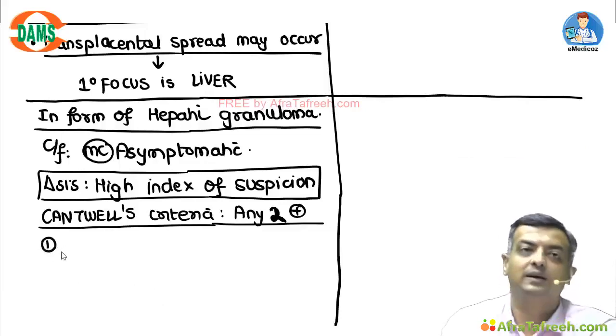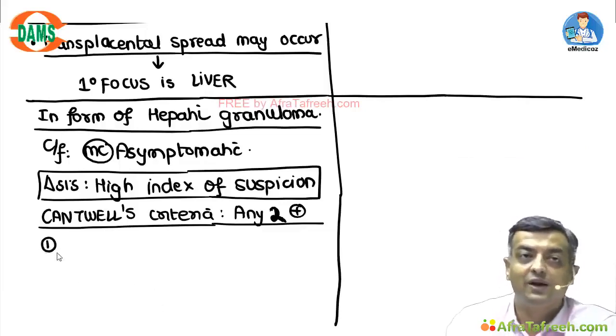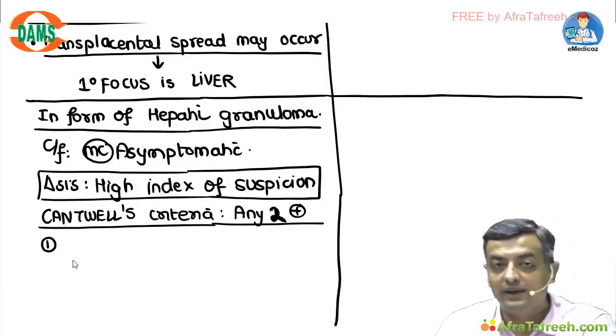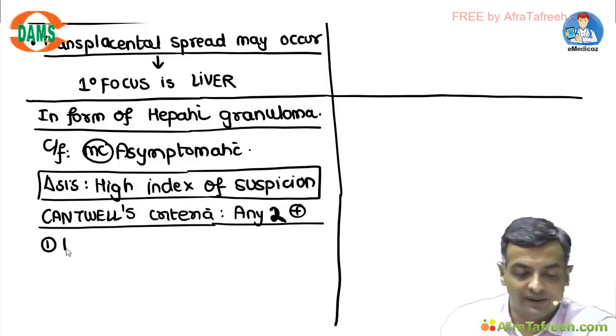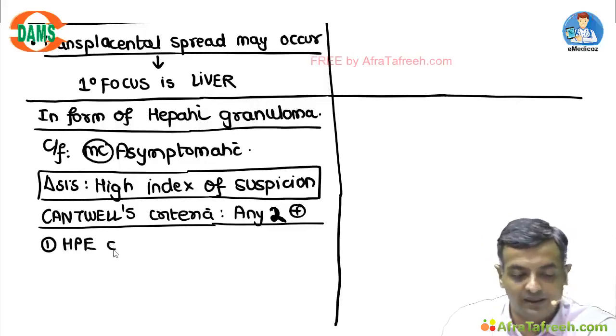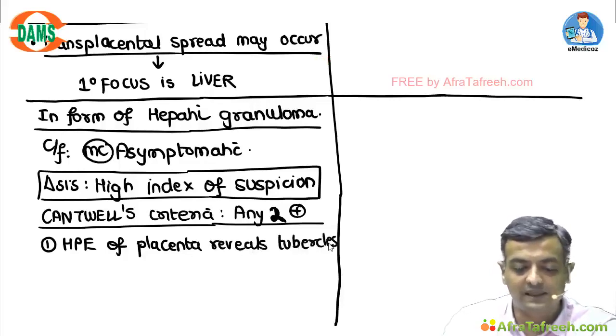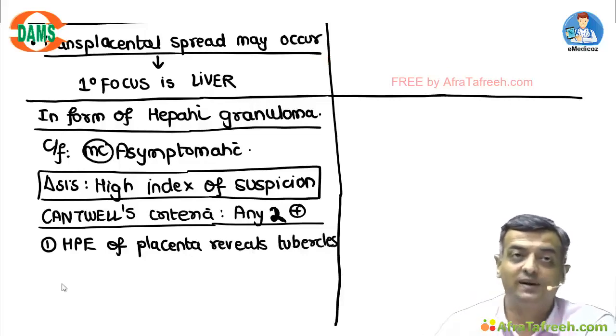Number one: during the delivery, send the placenta for histopathological examination. If the histopathology of the placenta reveals tubercles, that is the first criterion.